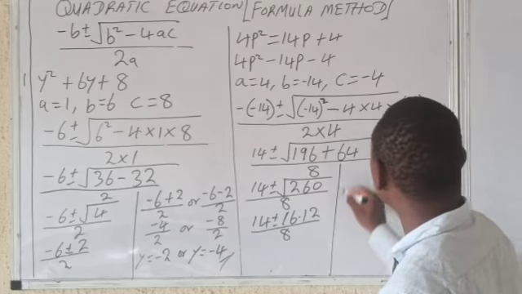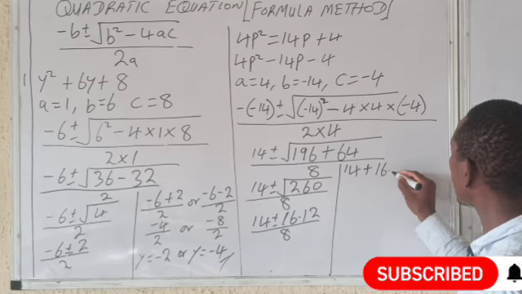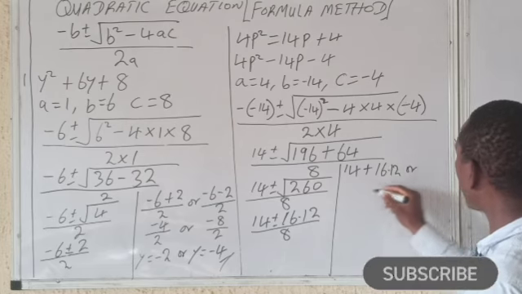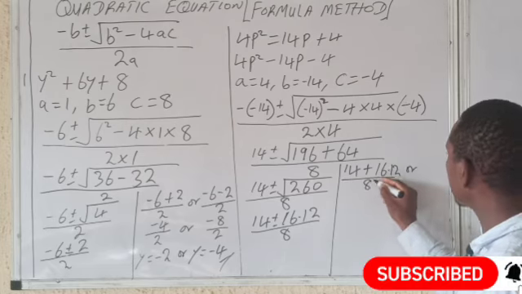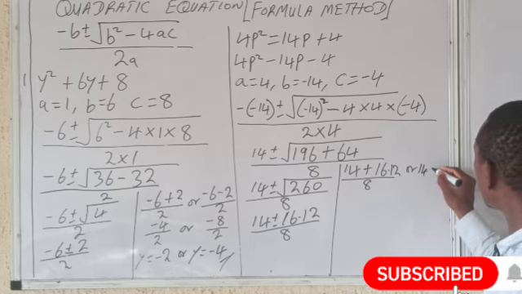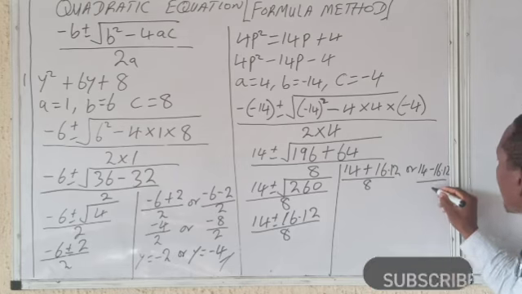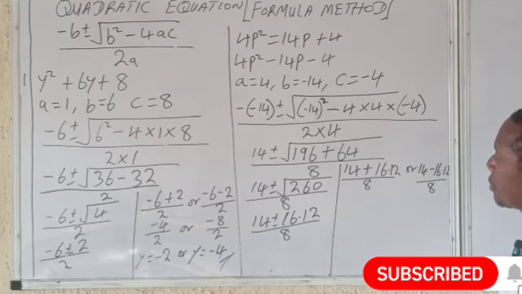So we now have 14 plus 16.12 all over 8, or 14 minus 16.12 all over 8. Okay.